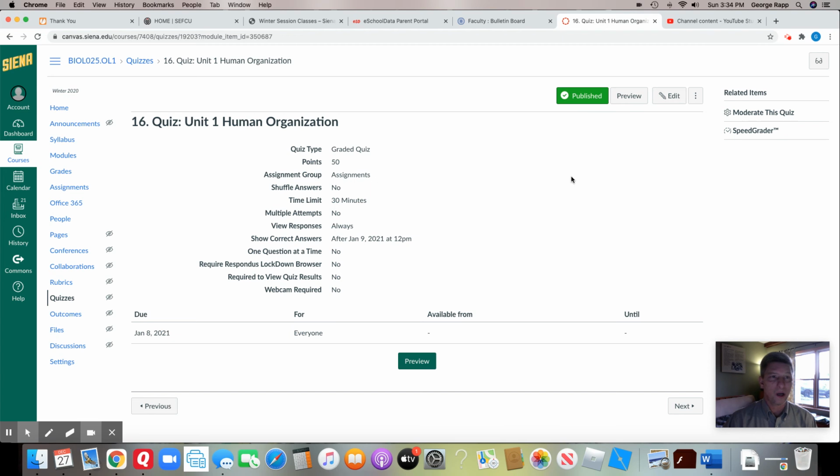It will consist of 10 multiple choice questions and 4 long answer questions, and it'll be worth 50 points. It's worth noting that you will be limited to a 30-minute interval of time, so make sure that you keep track of your time as you're taking this. And then the answers will pop up the day after at about noontime, 12 p.m. on January the 9th. Now, you can take this quiz at any time between January 4th and January 8th, but it has to be submitted by midnight on January the 8th.